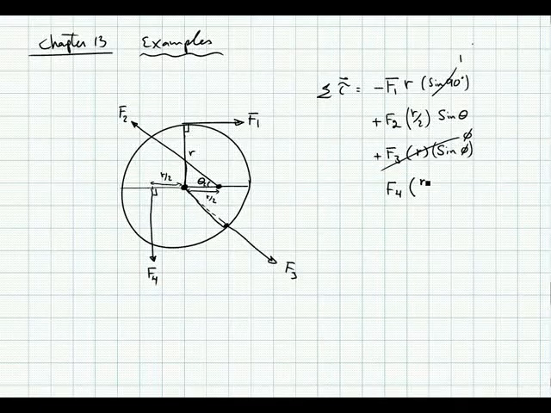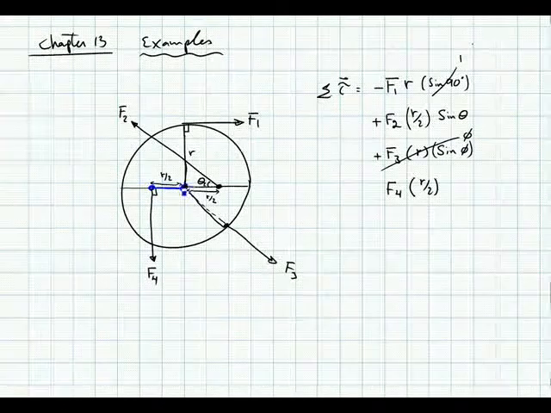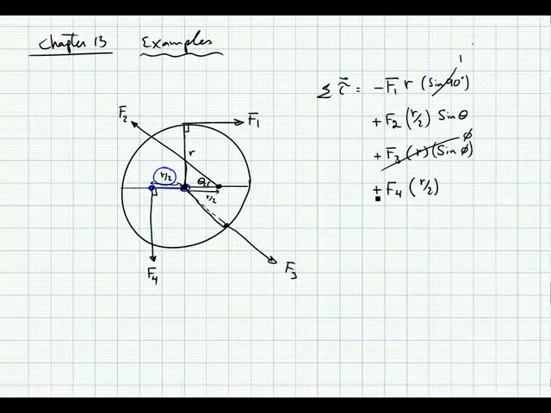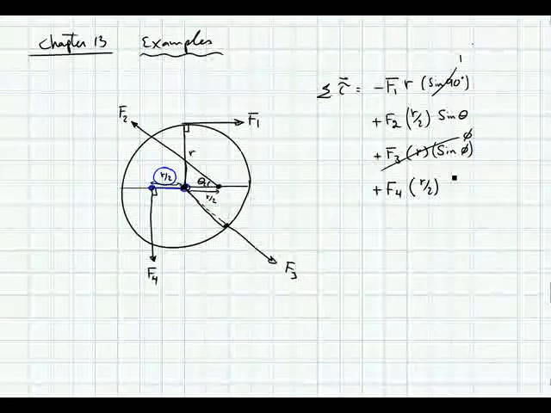Its moment arm is r over 2. Once again, the moment arm is the distance from where the force is applied to the rotation axis, which is r over 2. And acting on its own, this would result in a counterclockwise rotation. Therefore, it's positive torque, and our angle is 90 degrees, so sine of 90 being 1.